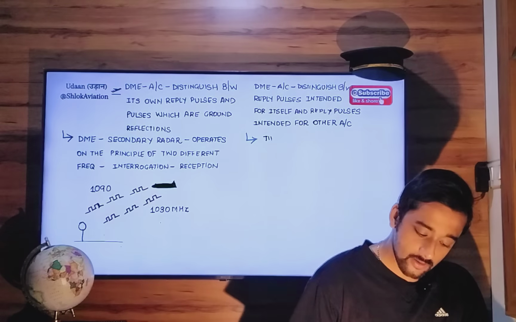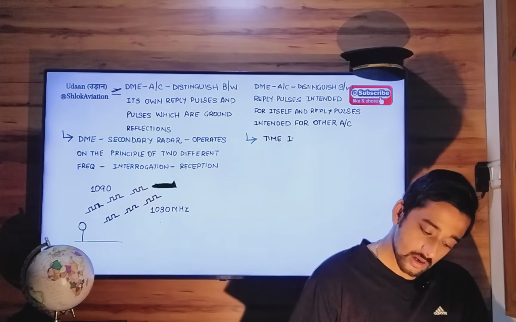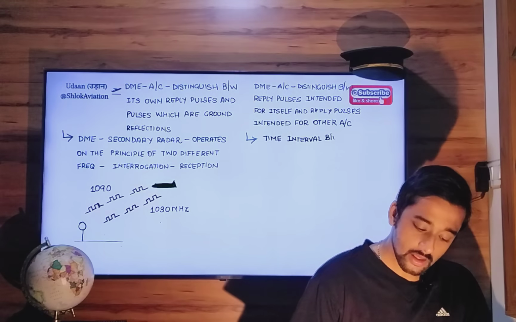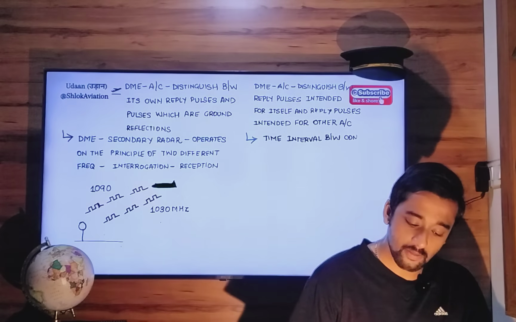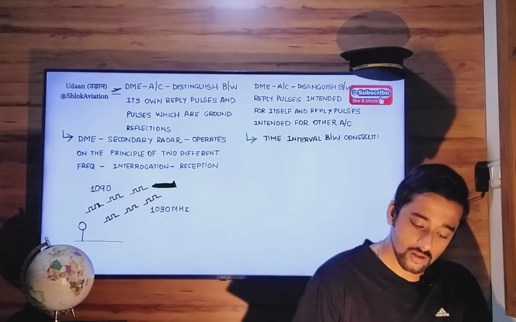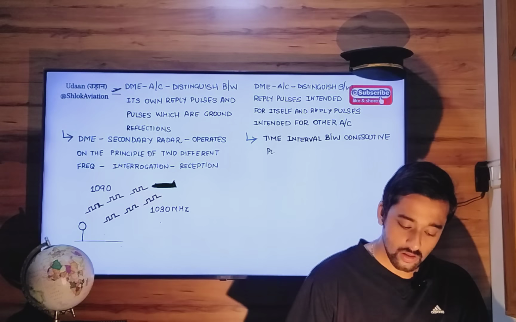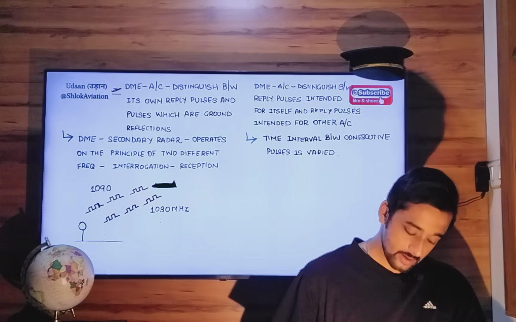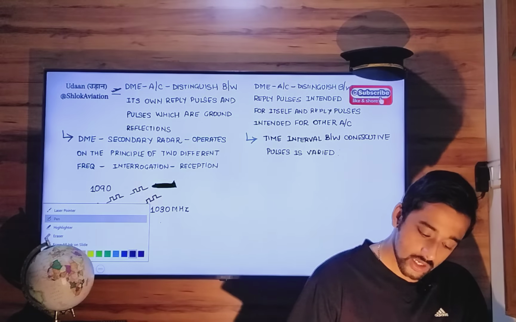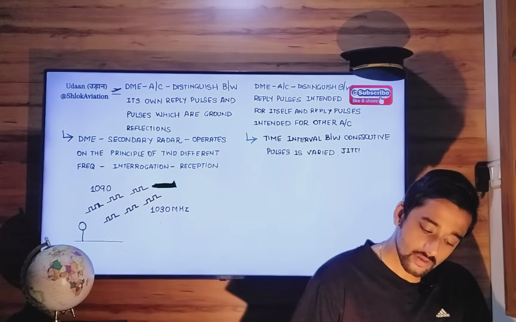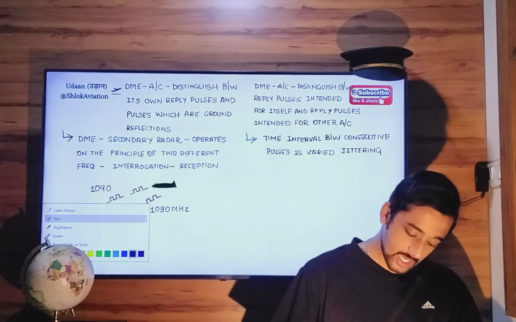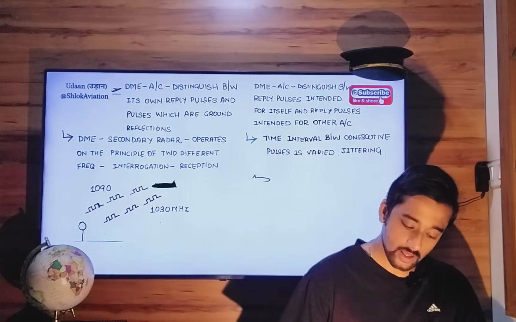The time interval between consecutive pulses is varied. This is called jittering.